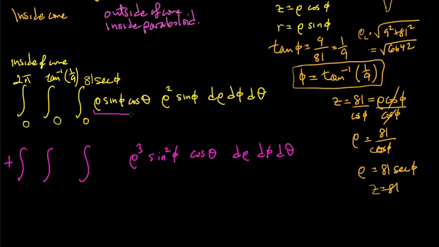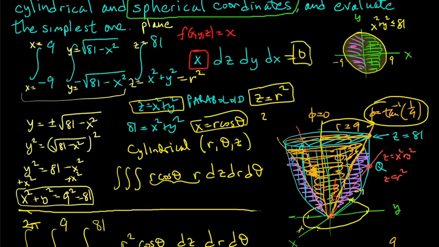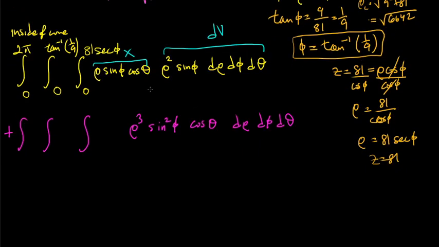Same integrand as the inside of the cone, since we're just integrating x dV. If it wasn't clear, this here is your dV, and all of this is just x. In the original problem we're integrating x times dV, but here we had to convert everything to spherical.